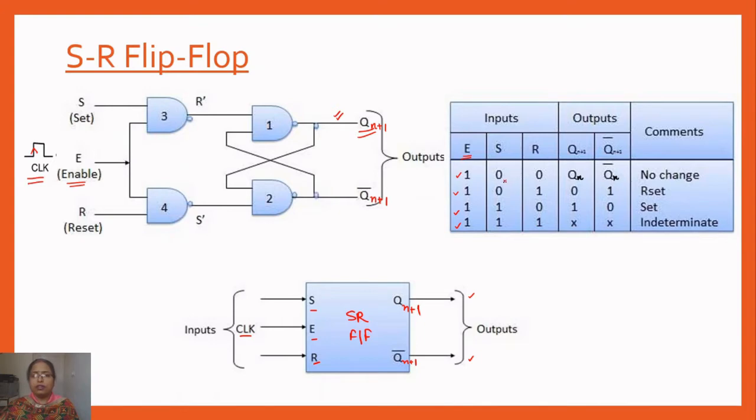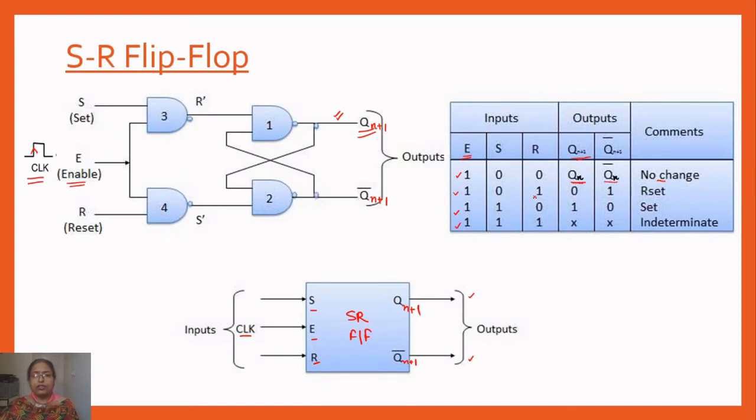When S is 0 and R is 0, there will be no change in the output. Whatever is the past output, Qn, is taken as the present output Qn plus 1 at the present instant. No change means whatever the past output was, that will be available in the present also.